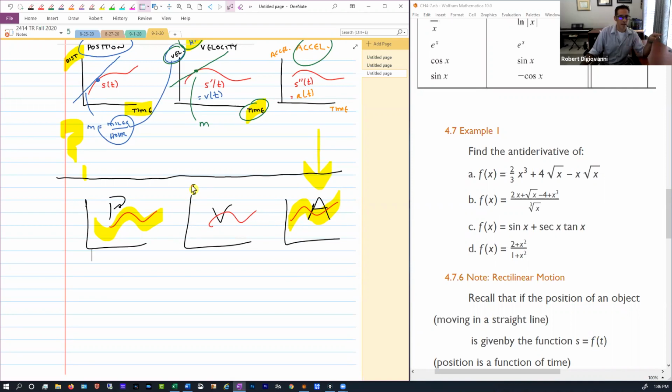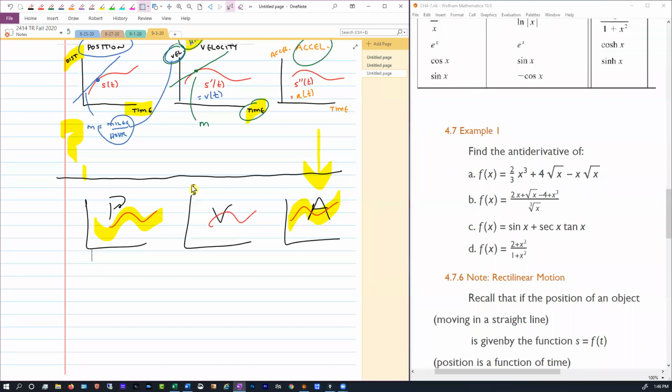If all I tell you is what the acceleration of something is at every point in time, I can somehow go back and tell you exactly where it was. Does that seem like it's possible? It's cool, but does it seem possible? The only troublesome part is that to go from position to velocity to acceleration, we're taking one point at a time.